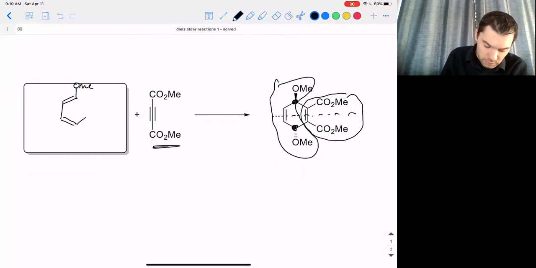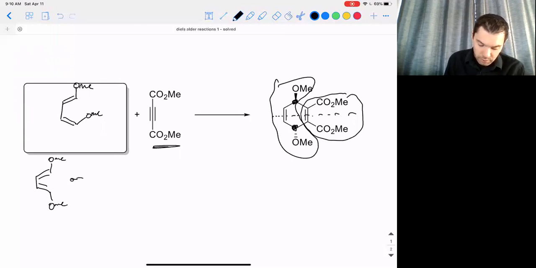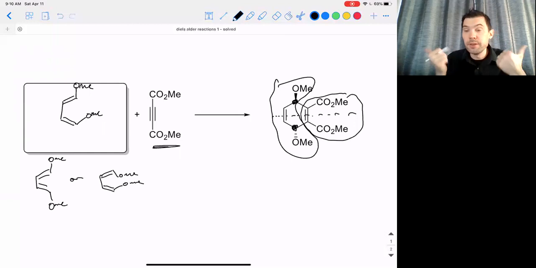And so we specifically want to draw this product, or starting material. In my class, I would not accept, or I would accept for only fractional points, either this one or this one. Both of these have those OMEs either being co-trans or co-cis. And if they're co-trans or co-cis, they should end up in the same spots in the product.